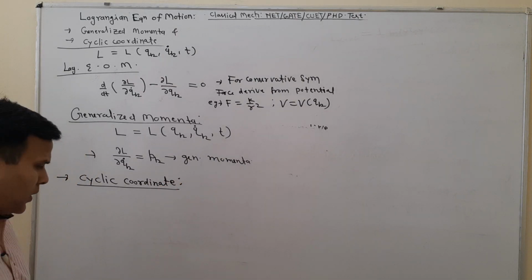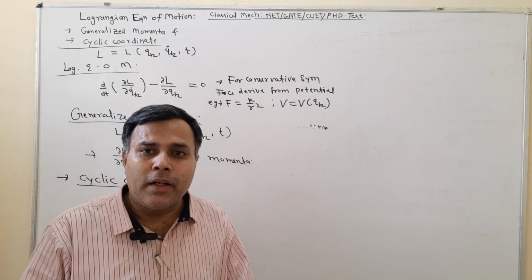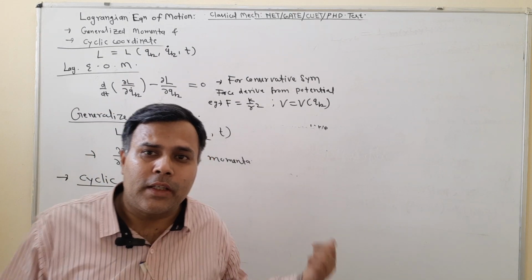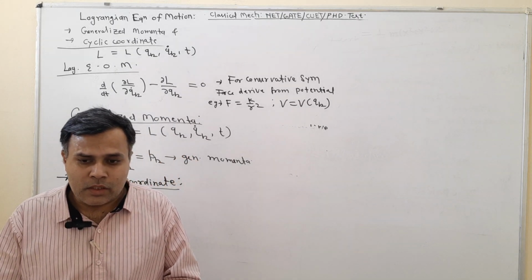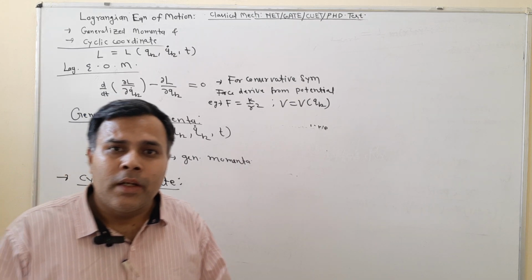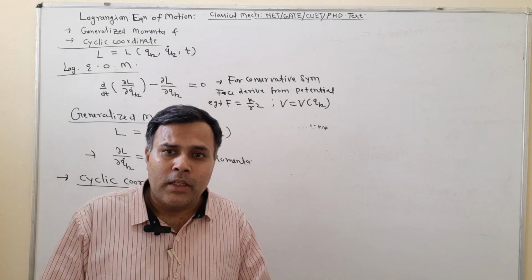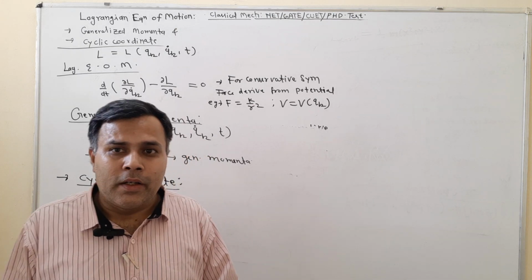In any situation, how do we identify or recognize whether a given dynamical system, or a given profile of Lagrangian, has a cyclic coordinate or not?